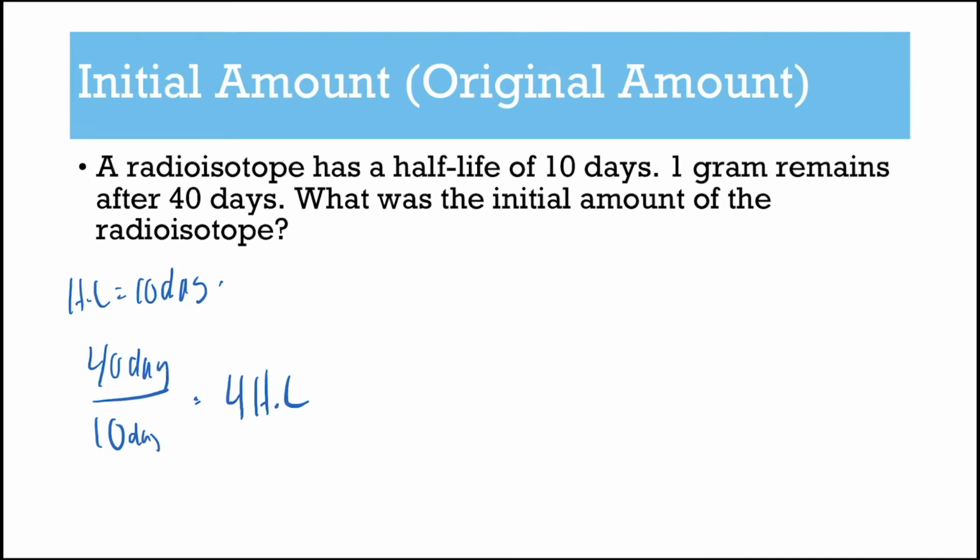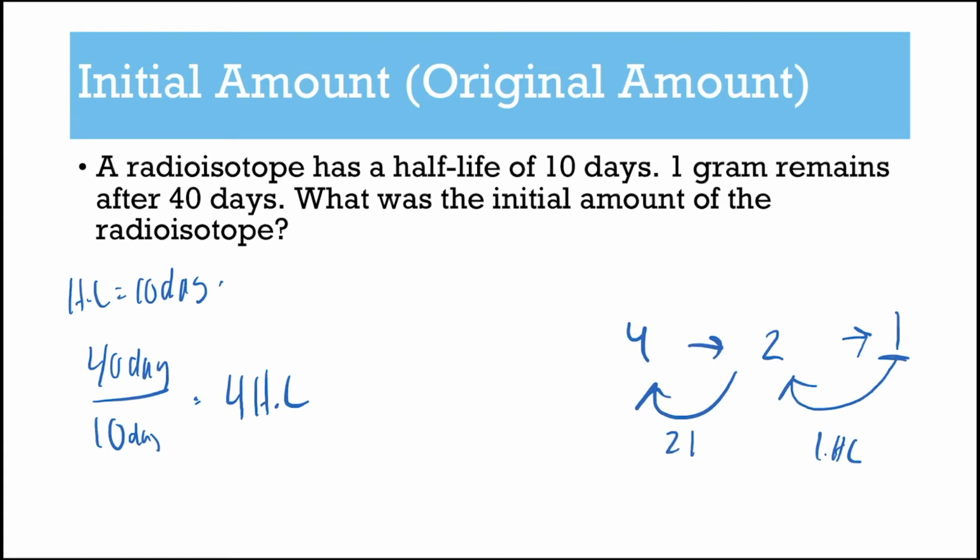Now, instead of given what we're starting with, we're given what we end with. So we're ending with 1 gram. So here we have to work backwards, and this is what I mean. So before it was 1 gram, it was 2 grams, because we're working backwards. And so that's 1 half-life. If we go backwards again, before it was 2, it was 4.